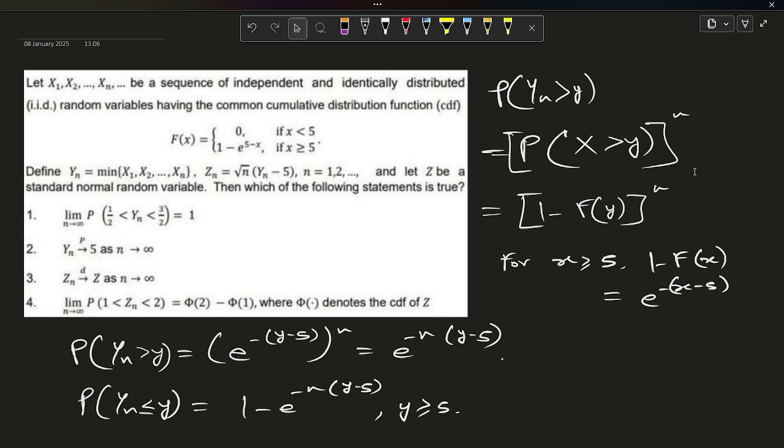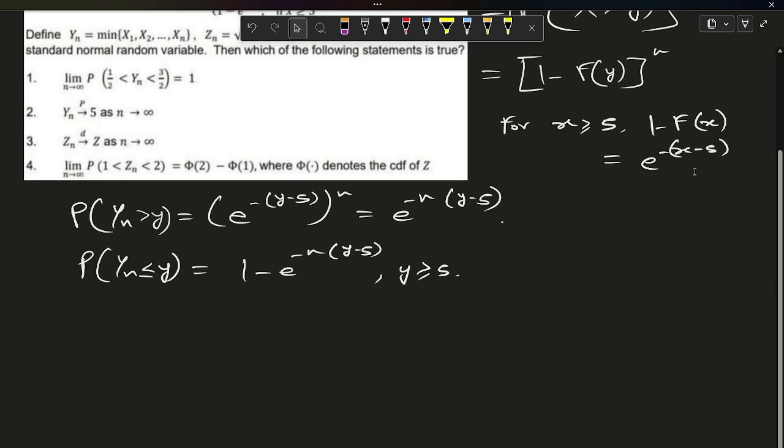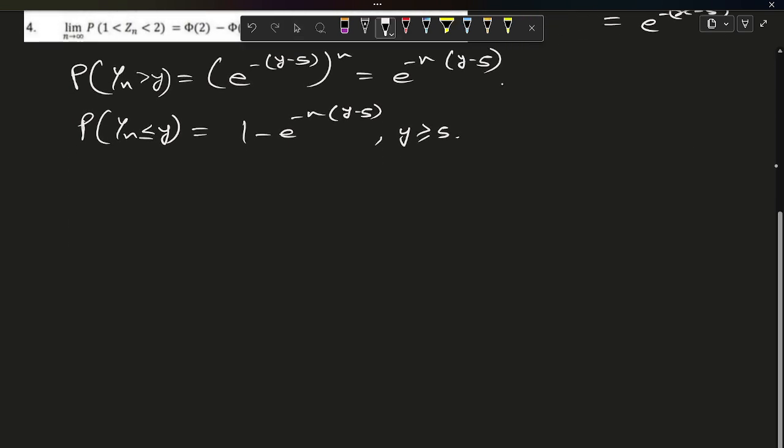Now we scale Yn to Zn. My definition of Zn is root n times (Yn minus 5).